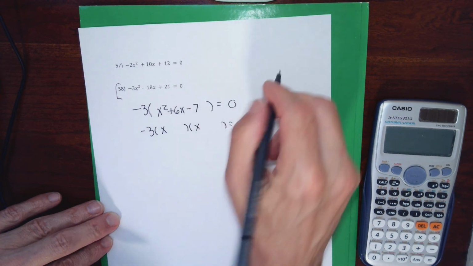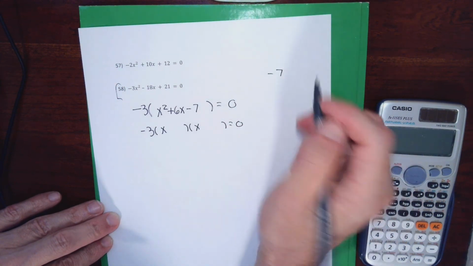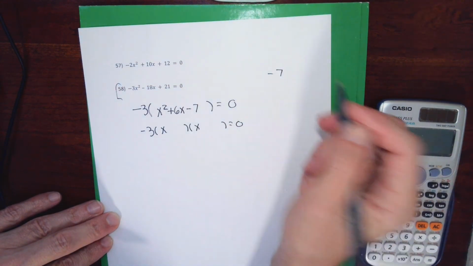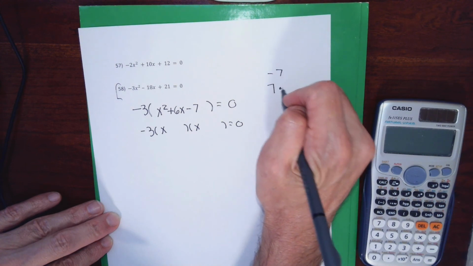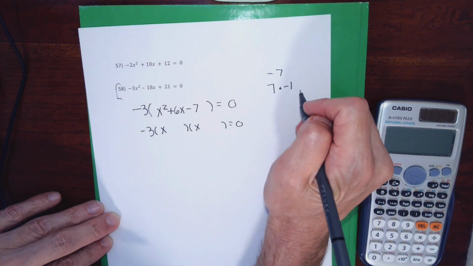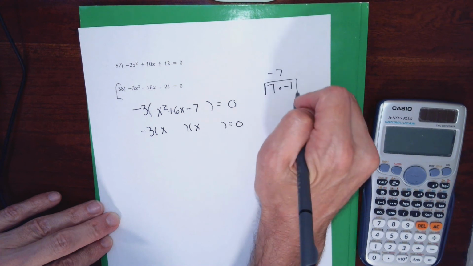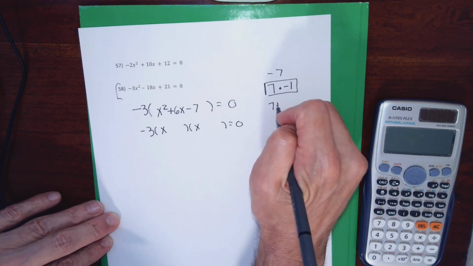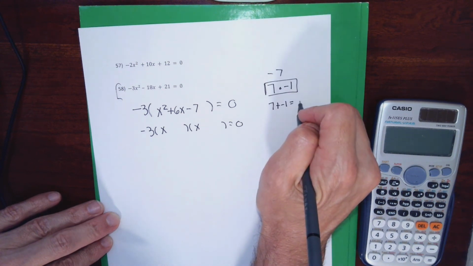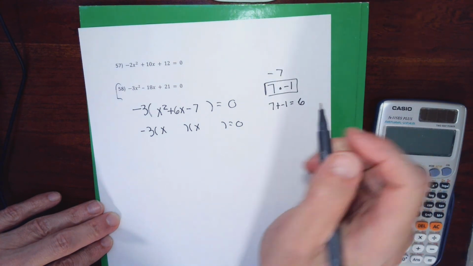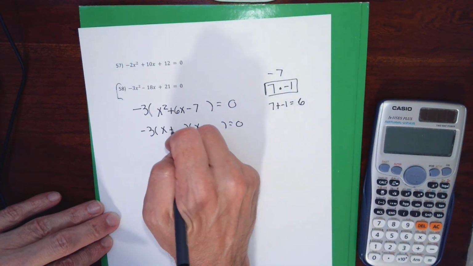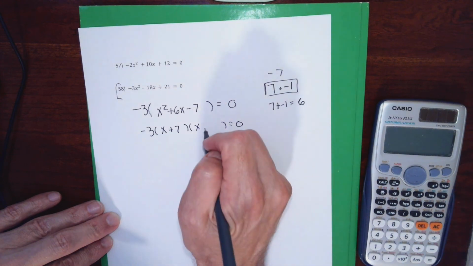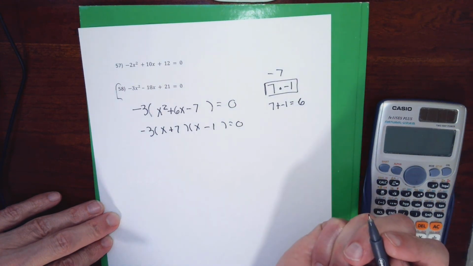To do this, I look at the negative 7, and I need plus-minus factors of negative 7, bigger number plus, which is 7 and minus 1. Let me add those and make sure I get positive 6. 7 plus negative 1 is positive 6, so those are the numbers that are going to go in my parentheses, a positive 7 and a negative 1.